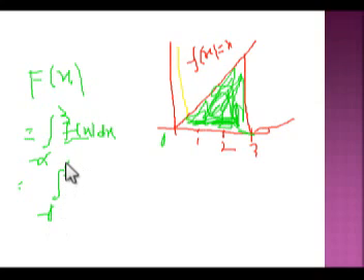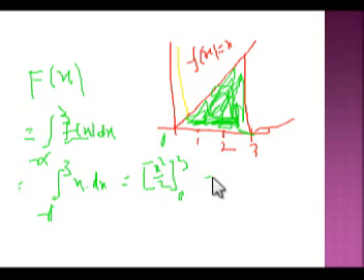If you know the lower limit and upper limit, then you can put fx is x and this is dx. So you get x square by 2, with limits 0 to 3. So we will get 9 by 2.